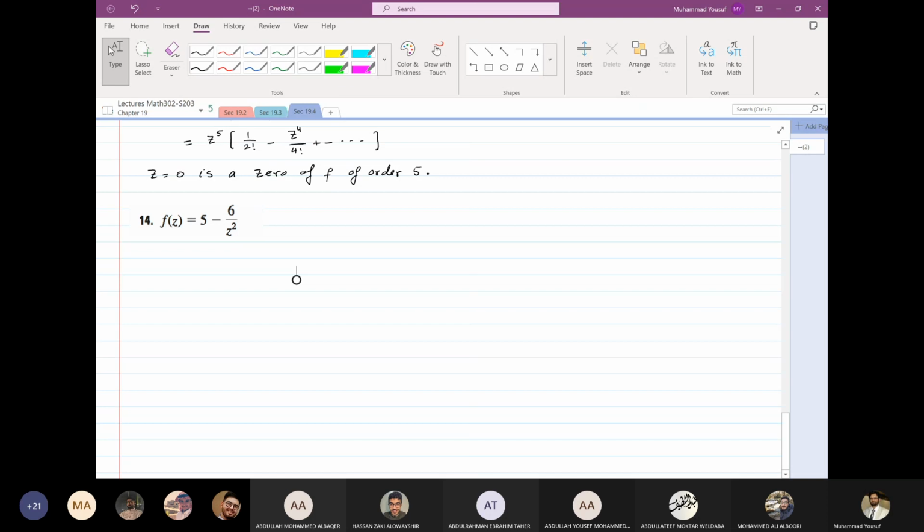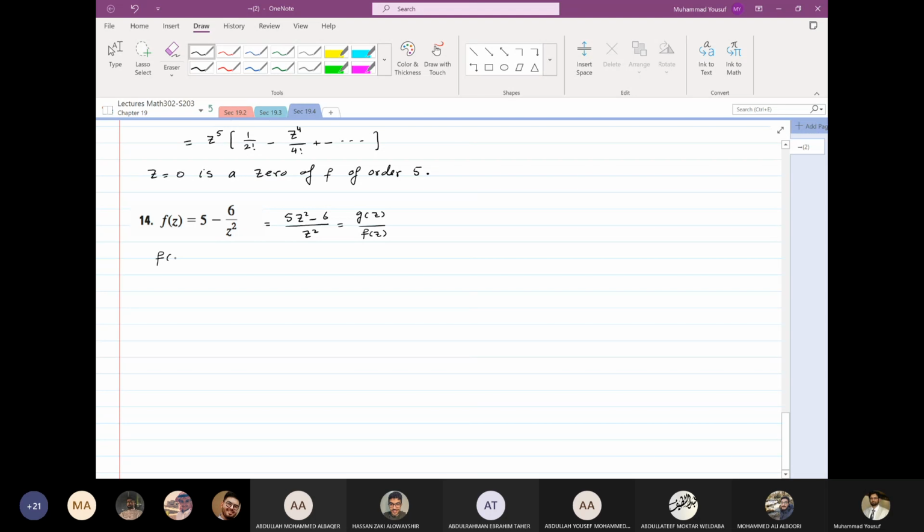Now, we can write this as 5z square minus 6 whole over z square, as g of z over f of z.